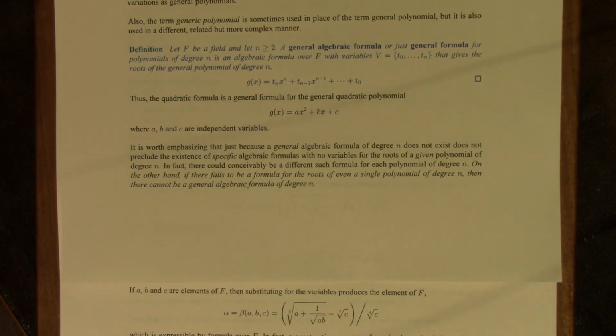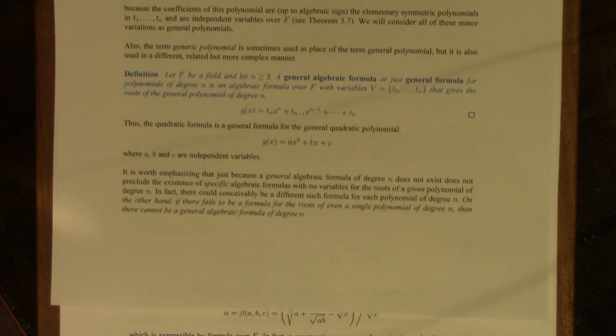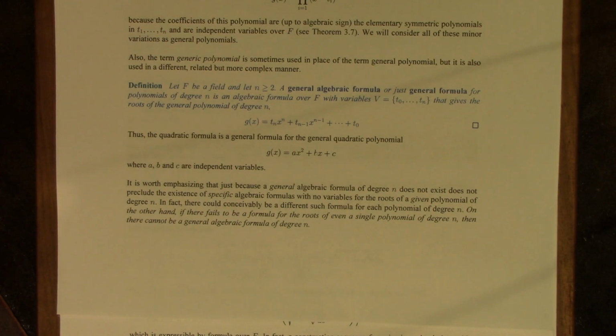Now, it is worth emphasizing that just because a general algebraic formula of degree n does not exist, does not preclude the existence of specific algebraic formulas with no variables for the roots of a given polynomial of degree n. So let's take the case n equals 5.